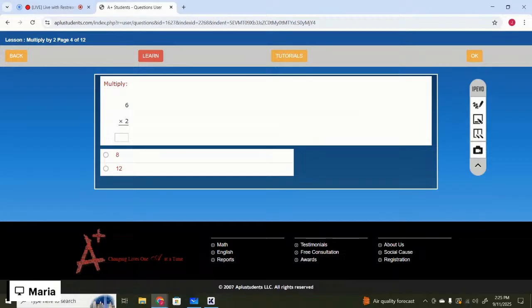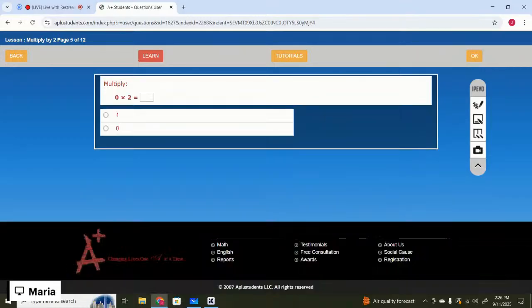2 times 6 is 12. 2 times 0 is 0. Option number 2 is the correct option.